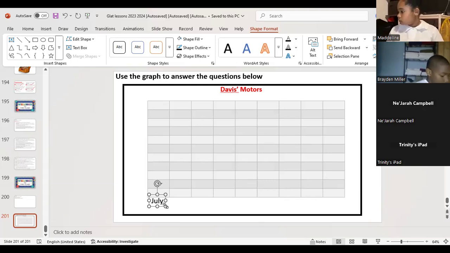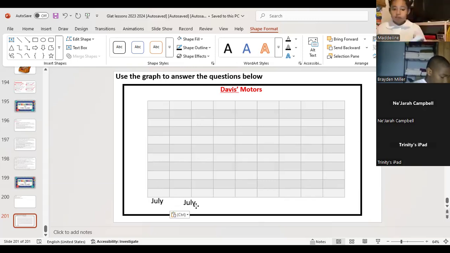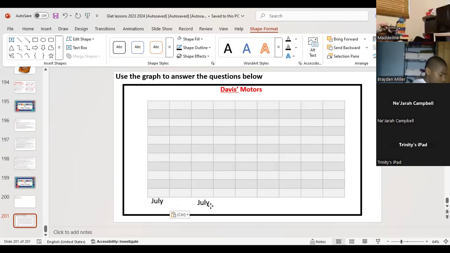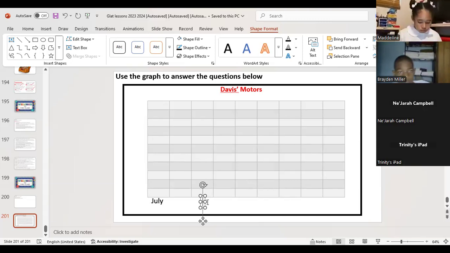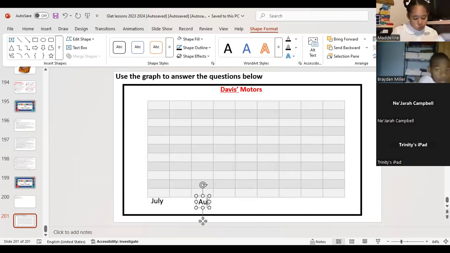Excuse me, Mr. Petit. Do you want us to make a super big triangle and then put it in there? You mean rectangle? Yes, sir. It has to have 11 columns and 9 rows. Wait, this is opposite.